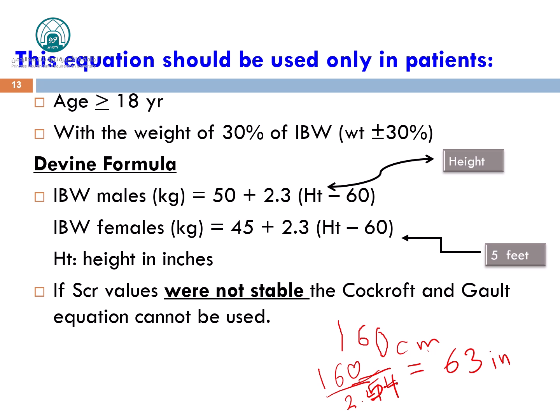The patient's weight should be within 30% of the ideal body weight, i.e. you are calculating the ideal body weight plus or minus 30%, not more than this range. Plus, if the serum creatinine values measured are not stable, you cannot apply the Cockcroft-Gault equation. Okay.